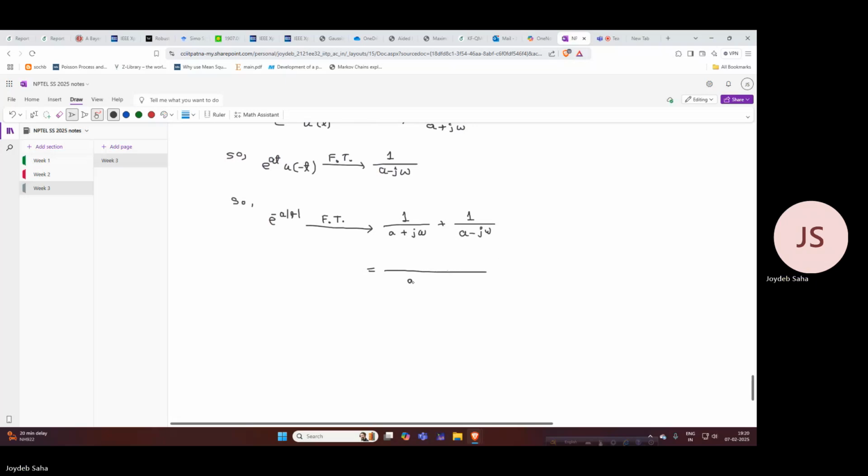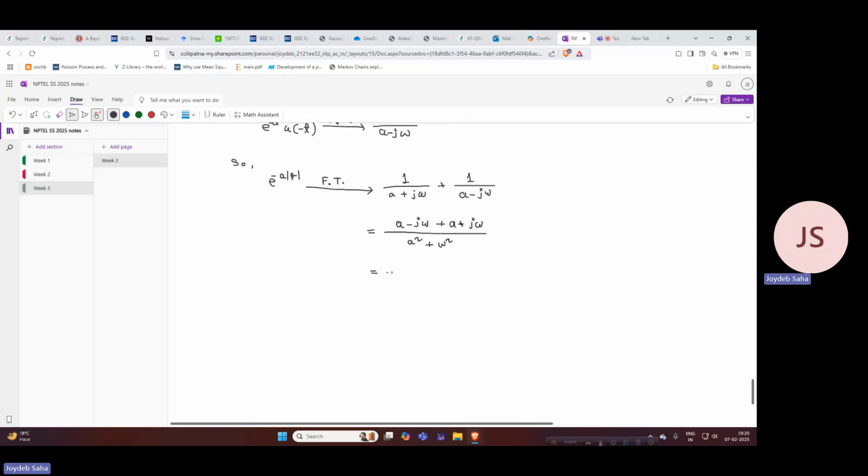That means a square plus omega square, and the numerator is a minus j omega plus a plus j omega, which is equal to 2a. So the result is 2a divided by a square plus omega square. Fine.